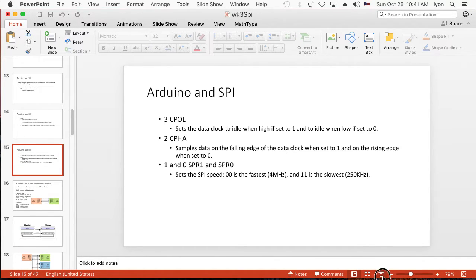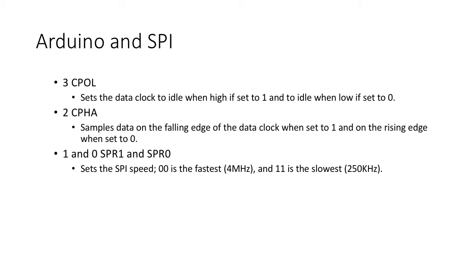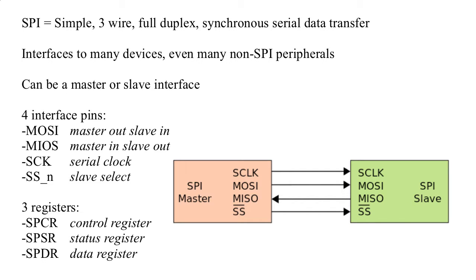So to better understand the ideas behind the SPI interface, I present for you this simple block diagram where the master out goes into the slave in, and the master in comes in from the slave out. The serial select always originates from the master, and the serial clock always originates from the master.